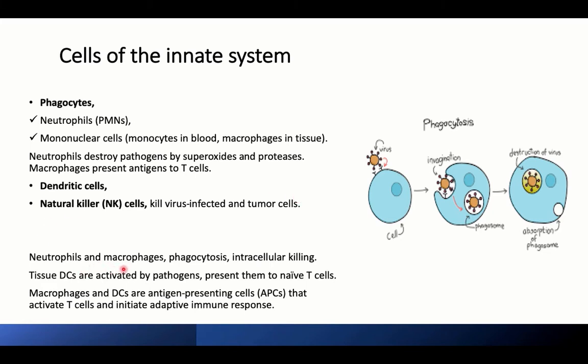Neutrophils and macrophages perform their actions via phagocytosis and intracellular killing, while tissue dendritic cells are activated by pathogens and then present antigen to the naive T cells in the peripheral lymphoid organs. Macrophages and dendritic cells are antigen-presenting cells that activate T cells and initiate adaptive immune response.